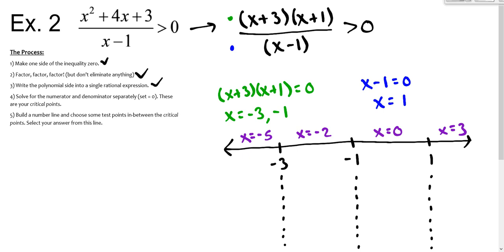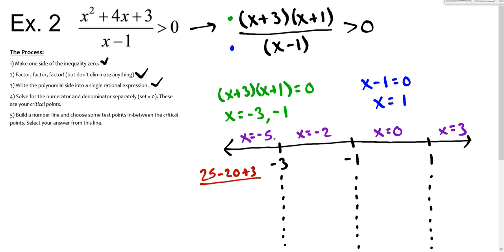So let's substitute in this value of -5. You can plug it into a calculator, the factored version, or the original. I'm going to plug it into the original, but I'm also just going to use big brain time. If I substitute -5 in for x, -5 squared is 25. 4 times -5 is -20, and then +3.